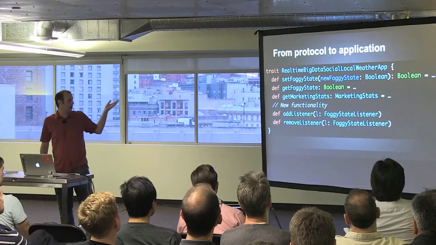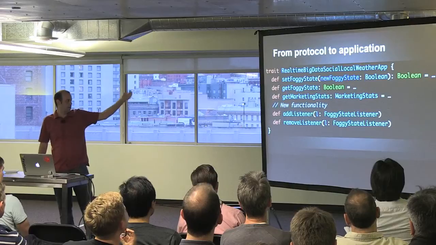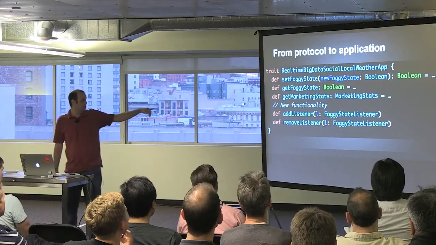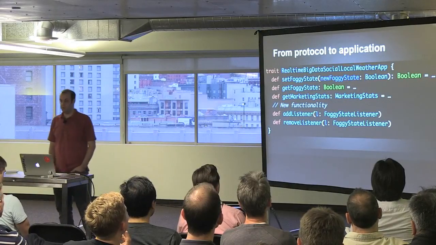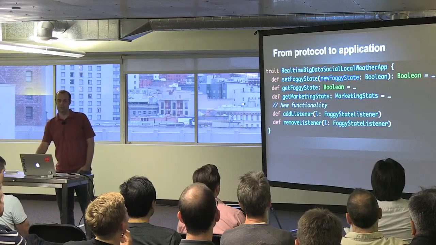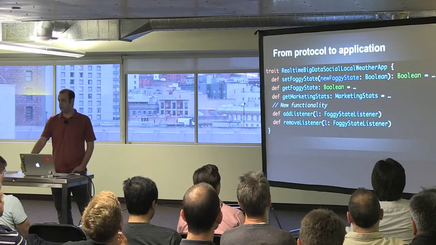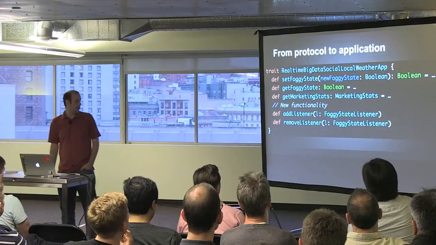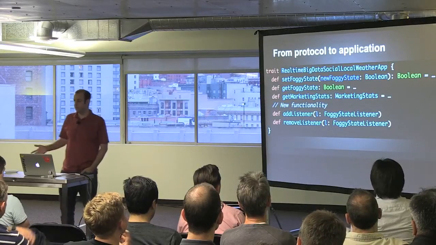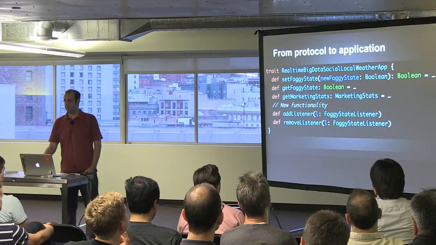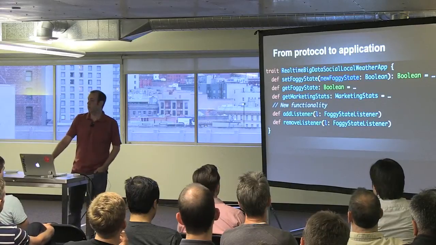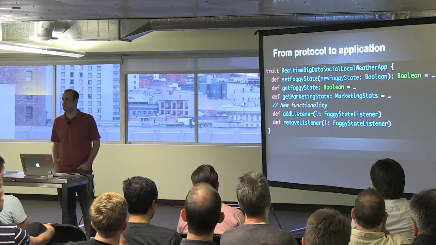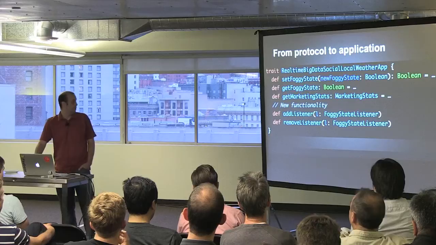So instead, we have our set state, and get the marketing stats, and this new stuff at the bottom that is for the persistent connections to register themselves as needing a broadcast when the state changes, and removing themselves as well, right? So if that WebSocket closes, we don't want to waste time trying to send it or keeping that registration around in memory.